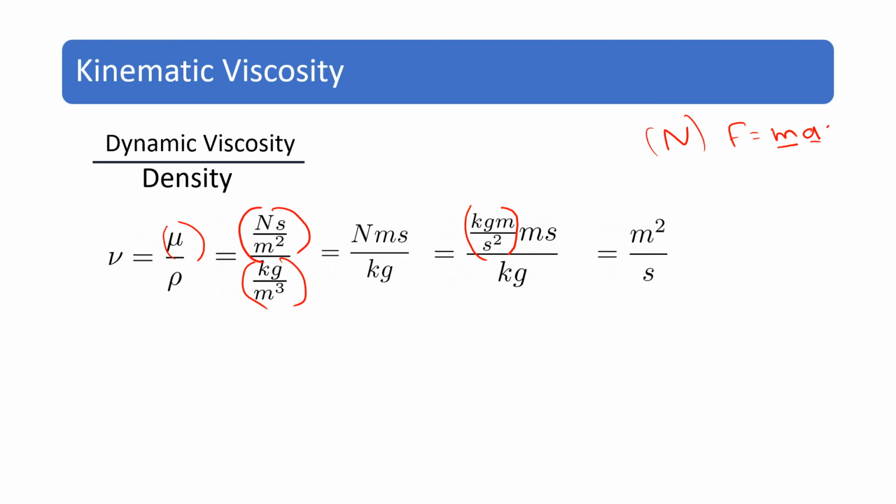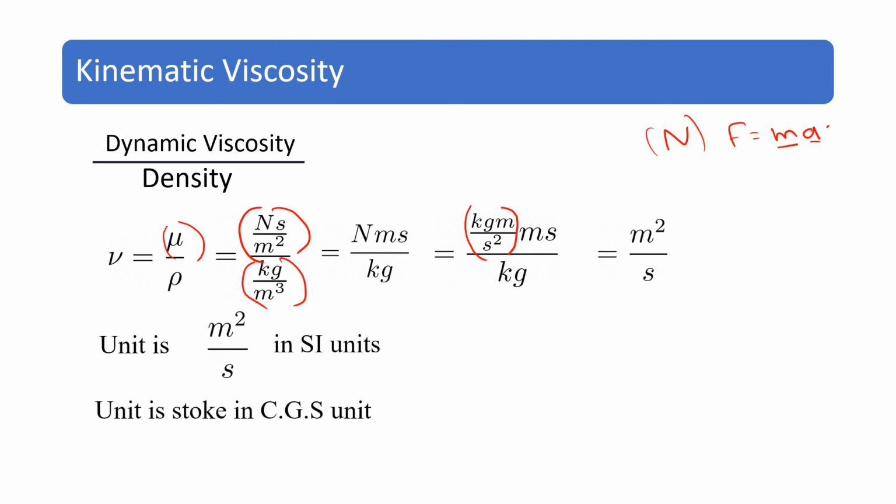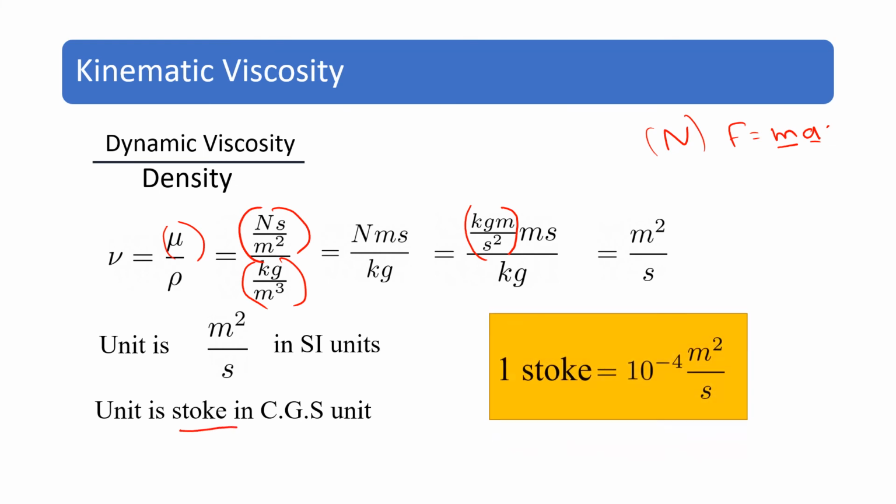So the unit of kinematic viscosity is meter square per second in SI, and in CGS the unit is Stoke, and 1 Stoke is equal to 10 raised to minus 4 meter square per second.